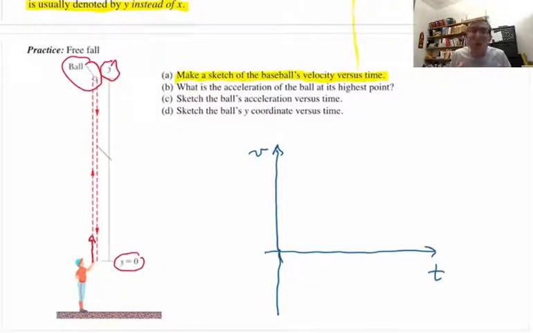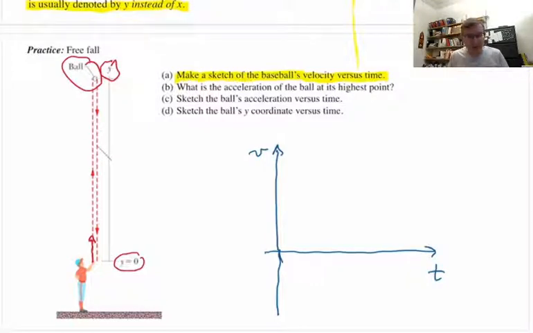Take t equals 0 to be the moment when the ball is released. So what I'd like you to do is, in a moment here, pause the video, get yourself a piece of scrap paper, and try the sketch for yourself and see what you get. Then when you're ready, unpause it and come back and we'll discuss.